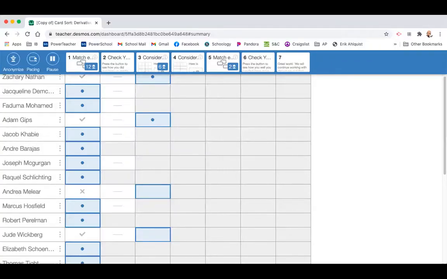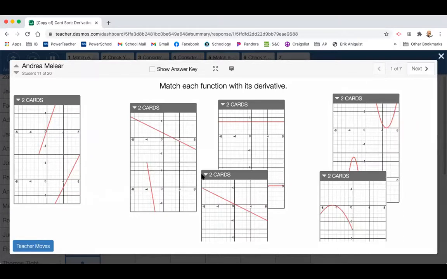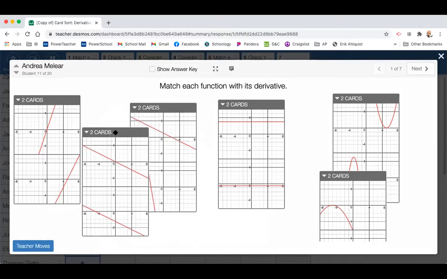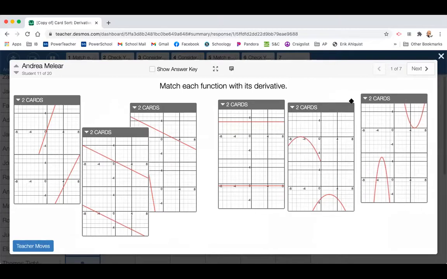And so here's what I want you to look at, okay? I'm going to share my screen, and you guys can share your screen with each other too. If I look at Andy's here, when you look at some of these cards and you have them together, there are some things going on that aren't making a lot of sense.